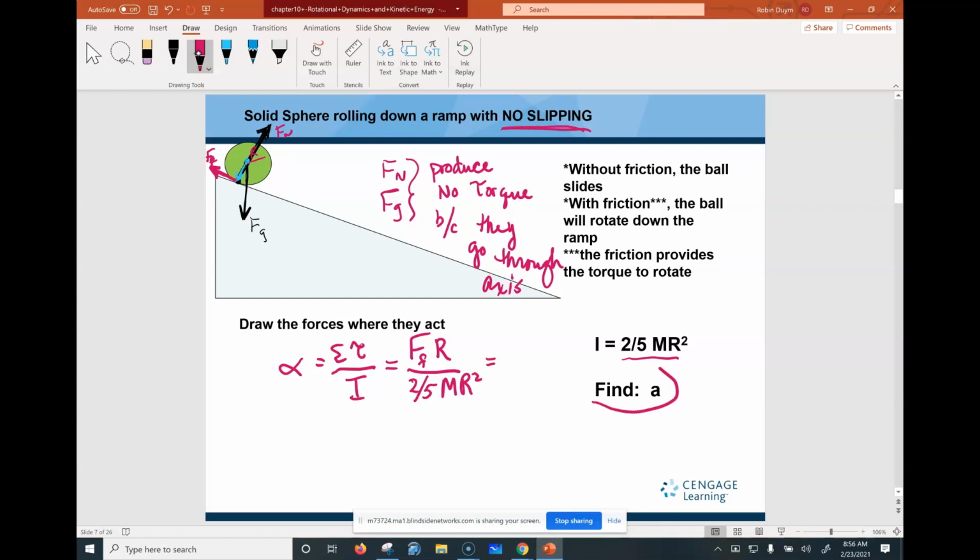Now our goal is to find this acceleration. When you see A, what you're talking about is the acceleration of this center of mass. So if this ball, you saw it rolling, but it still gets down there like that. So now I'm going to go to the next slide just so you see.